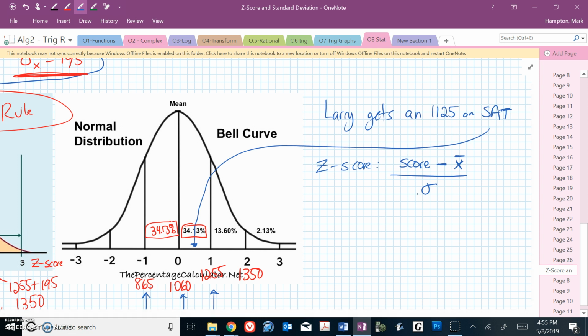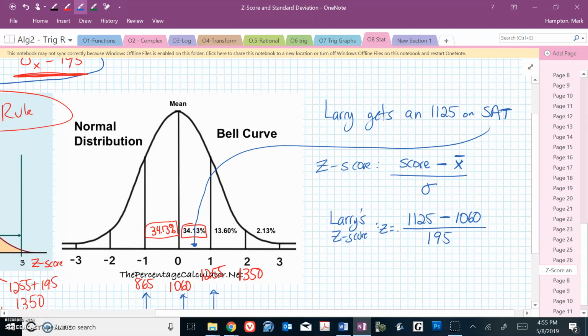So for our SAT example, Larry's z-score is going to be the 1125 minus the x-bar, or the average, which on the SAT was 1060, divided by 195. That is his z-score.